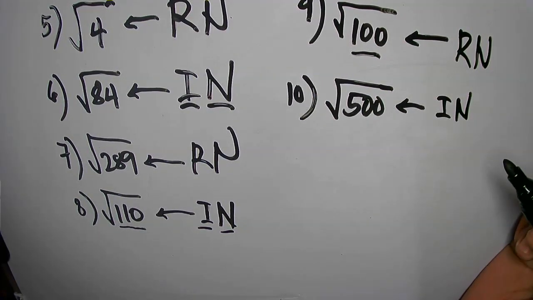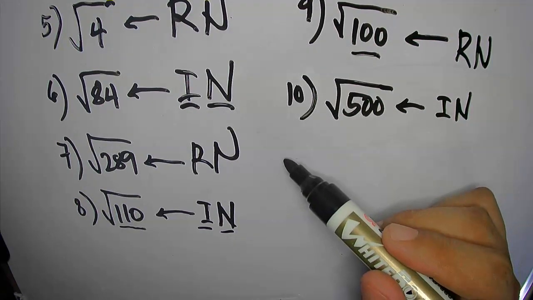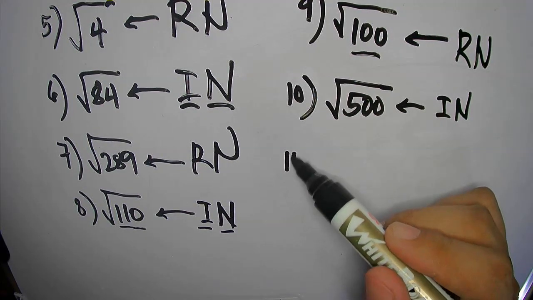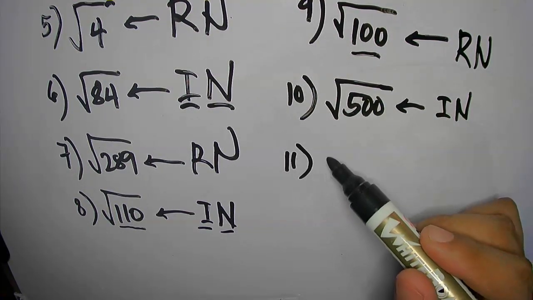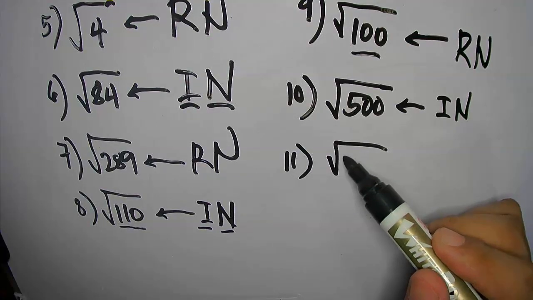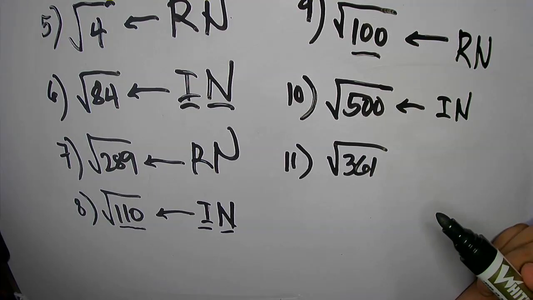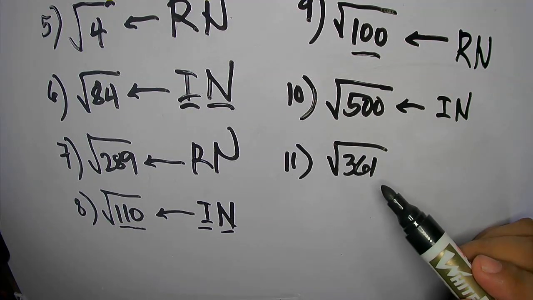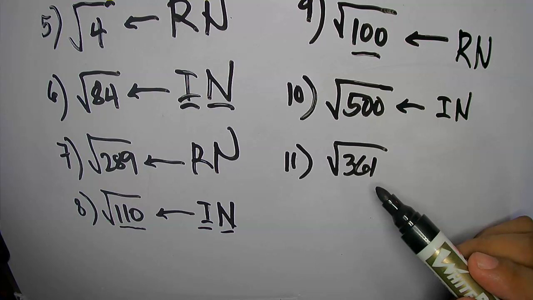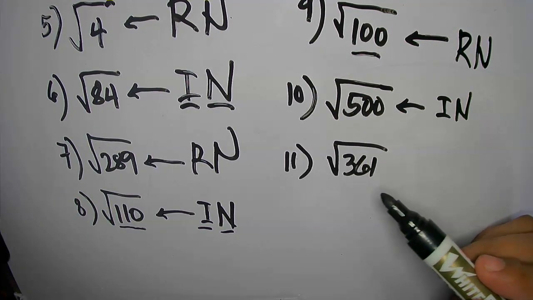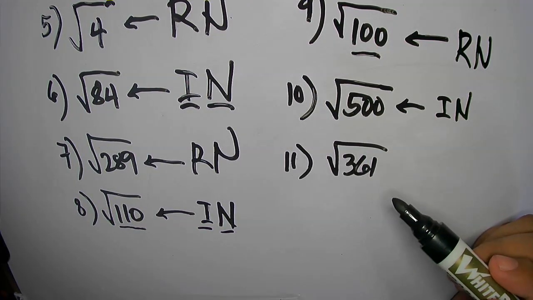Square root of 500. So let's have another one. Square root of 361. Radicand 361. Galing ka ba sa dalawang number na magkapareho na pag minultiply natin sila, ang sagot niya ay 361?